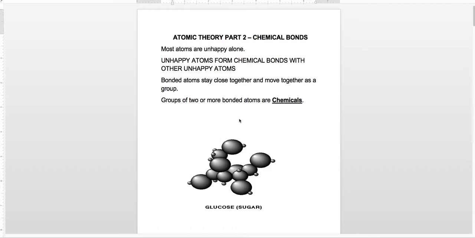Atoms with different numbers of protons are given different names. They're put in different boxes. So, for example, hydrogen atoms have one proton in the middle, whereas carbon atoms have 6 protons and oxygen atoms have 8 protons.